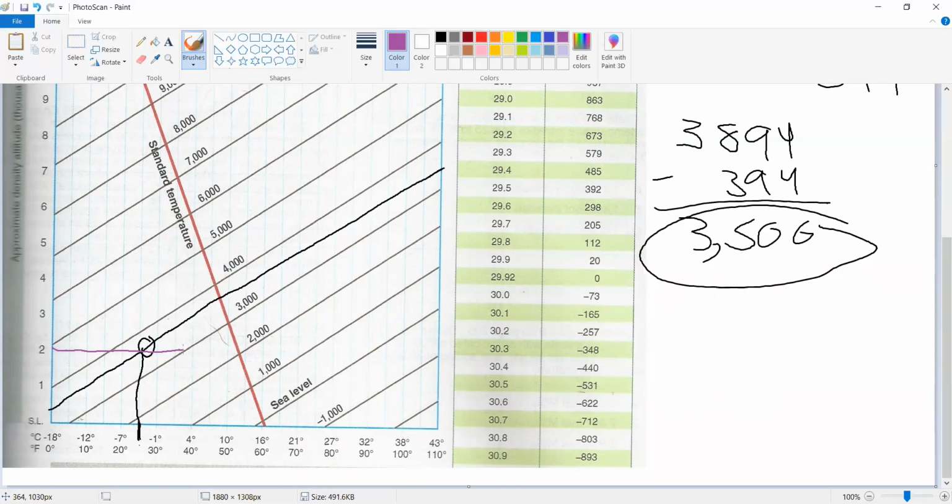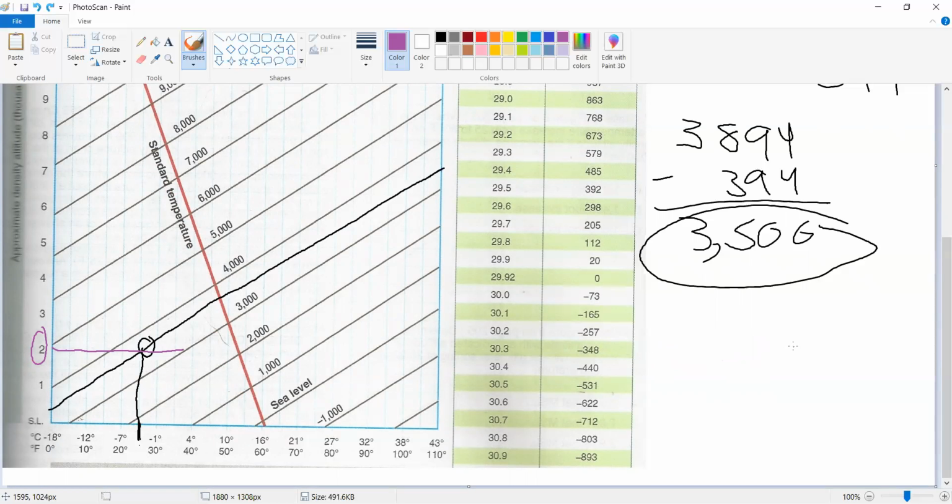And therefore, our density altitude after doing these steps is 2,000. Each number represents 1,000, so 2,000. So the answer is 2,000 for this particular problem.